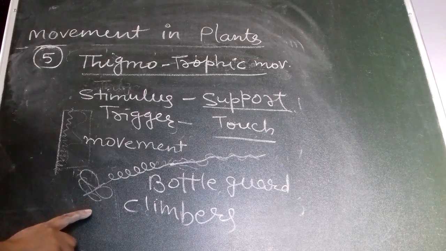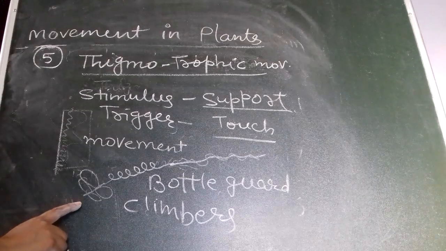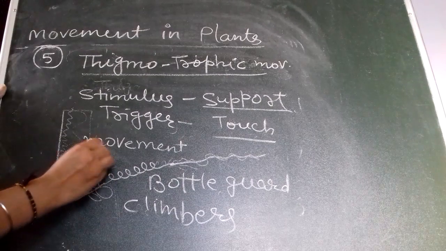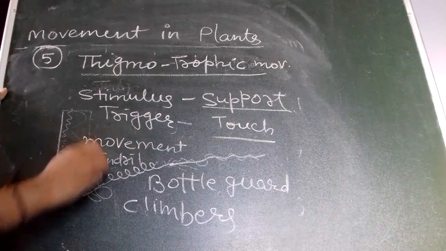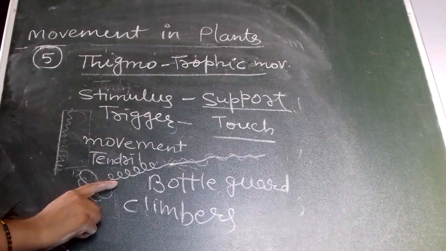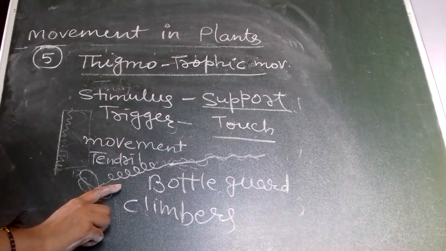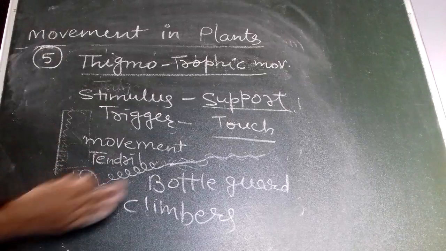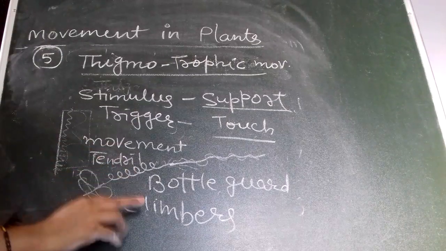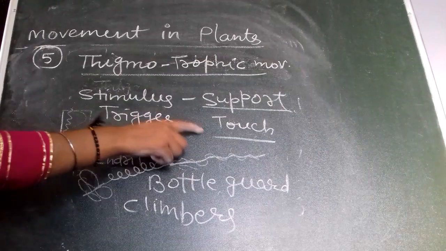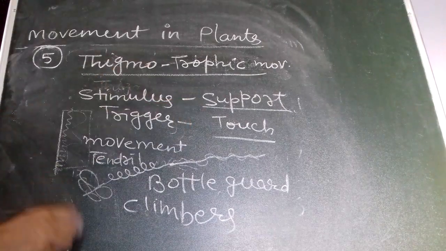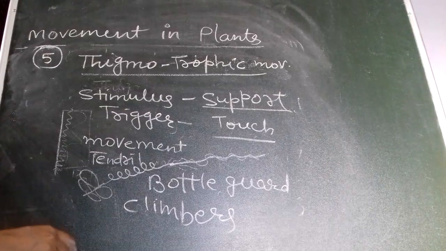From where they get touch or support, their tendril, this part is called the tendril, a very soft and elastic part of the plant, gets support, and it grows according to that direction. So this directional movement of the plant according to touch or support is known as thigmotrophic movement, or thigmotropism.